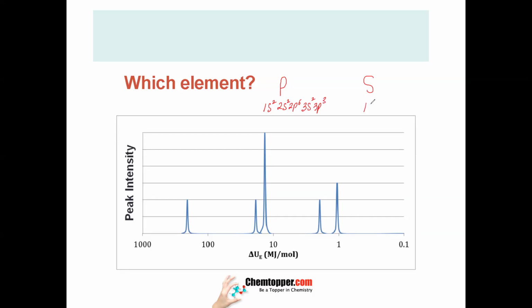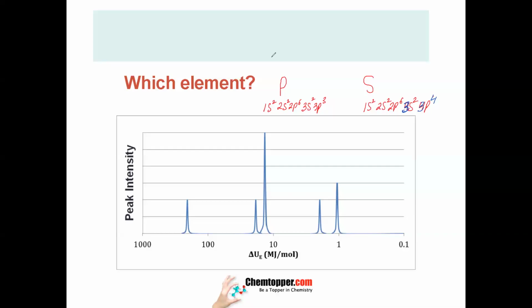And sulfur 1s2, 2s2, 2p6, 4s2, 4p4. Oh, what did I do? Something wrong? 3s2, 3p4.